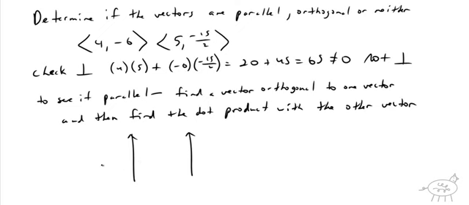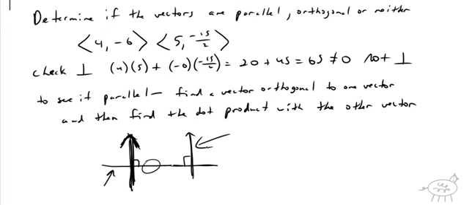What I can do is find a vector perpendicular to this one, and then test it with the other vector to see if that's perpendicular. So this is kind of like a transversal, and if these are both right angles, then I know that the original vectors are parallel.